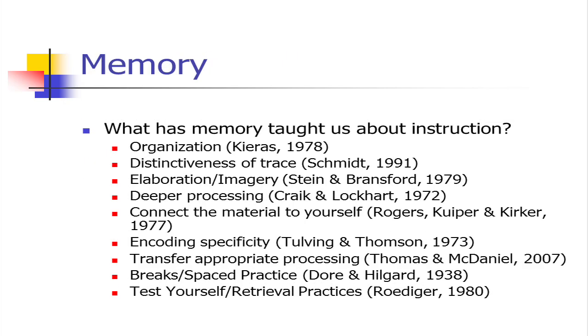Okay, so now some of the things that we've learned about memory that are important and useful for learning about instruction. So the first thing is about the organization of information. So we're going to learn information more easily if it's organized, right? So what I mean by that is, let's say that you have to remember a bunch of terms that are fruit terms, and you also have to remember a bunch of vegetable terms, right?